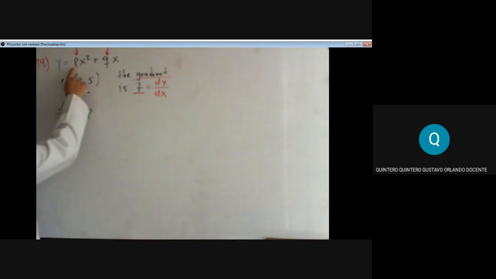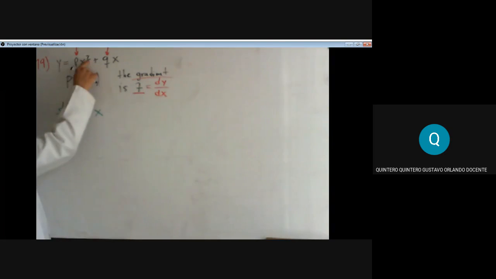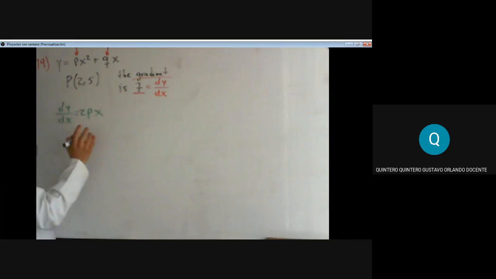All right. So I'm doing the derivative, right? So the derivative of p times x to the second power. Remember, multiply the coefficient by the exponent. So p times 2, that's 2p. And the exponent of the variable will be 2 minus 1, so this is just 1. I'm not even going to put a 1 right there because it is x elevated to the first power, right?